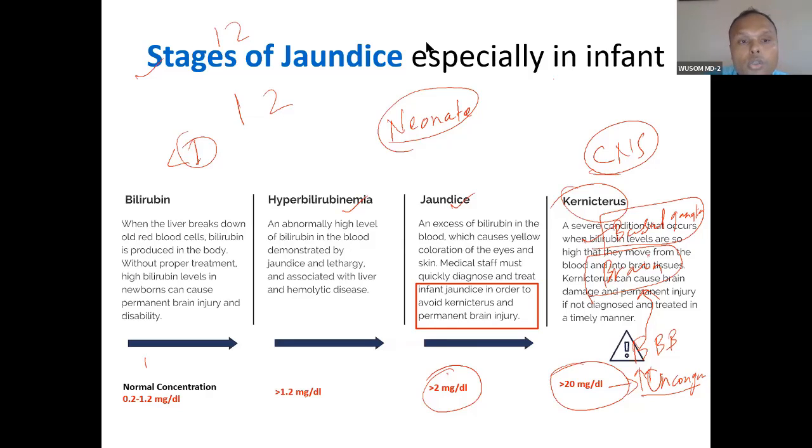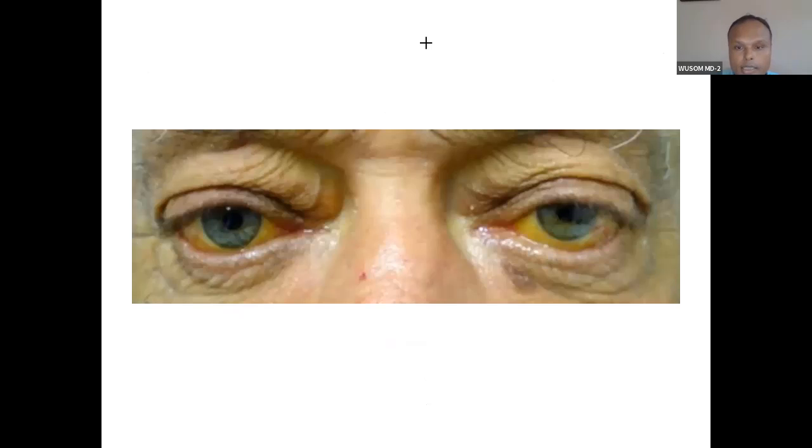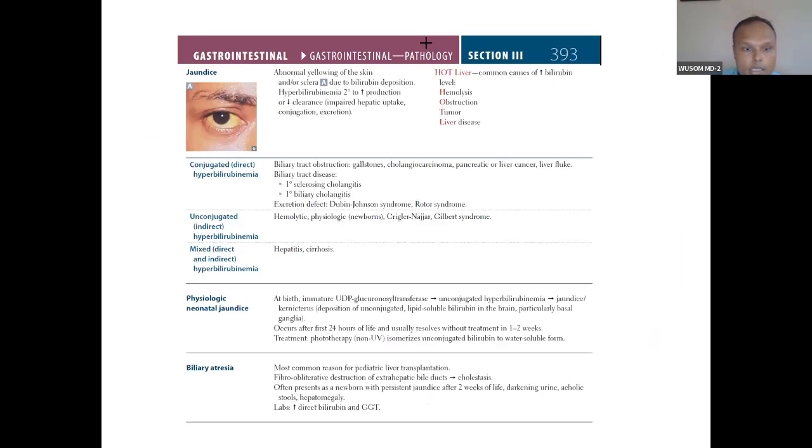So these are the stages of hyperbilirubinemia, bilirubin in infant. You can see this yellowish pigmentation, and here is the snapshot from First Aid, and this is from pathology. You are studying pathology in fact, rather than biochemistry. You can see the sclera; this is jaundice.